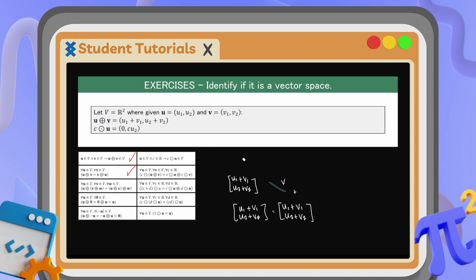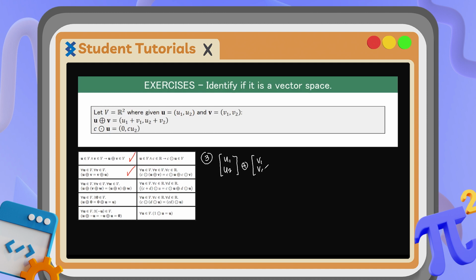So next, let's try to check on the associative property of vector addition. Similarly, we will write down each and every step again. Following the rule over here, we're in vector addition. Depending on which pair of elements goes first, we should still get the same answer.